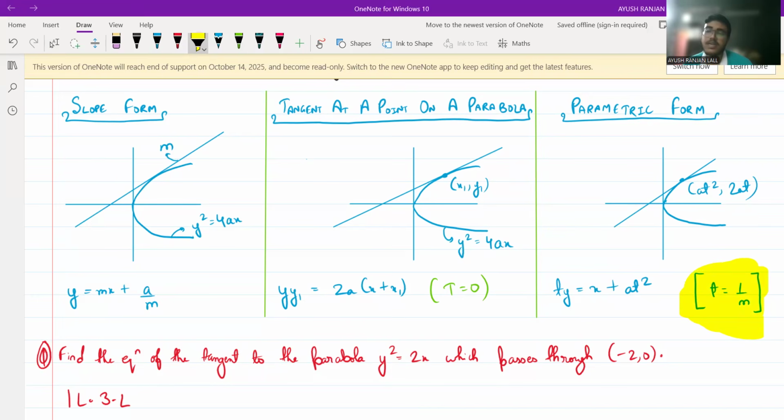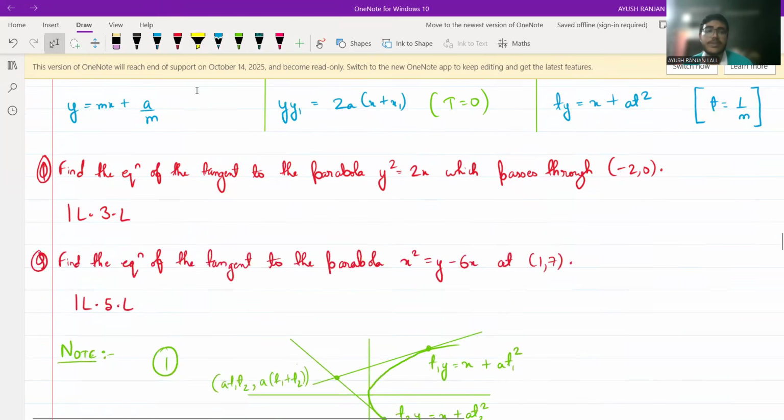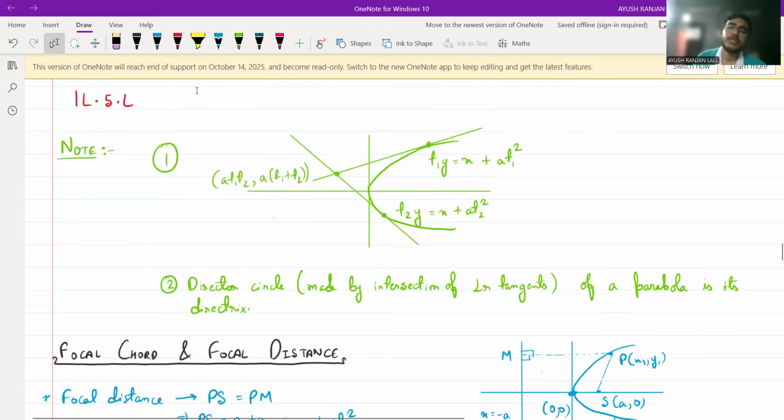If T is equal to 1 by M, then T1 is 1 by M1 and T2 is 1 by M2. Next, if they are perpendicular, it means M1 into M2 is minus 1.